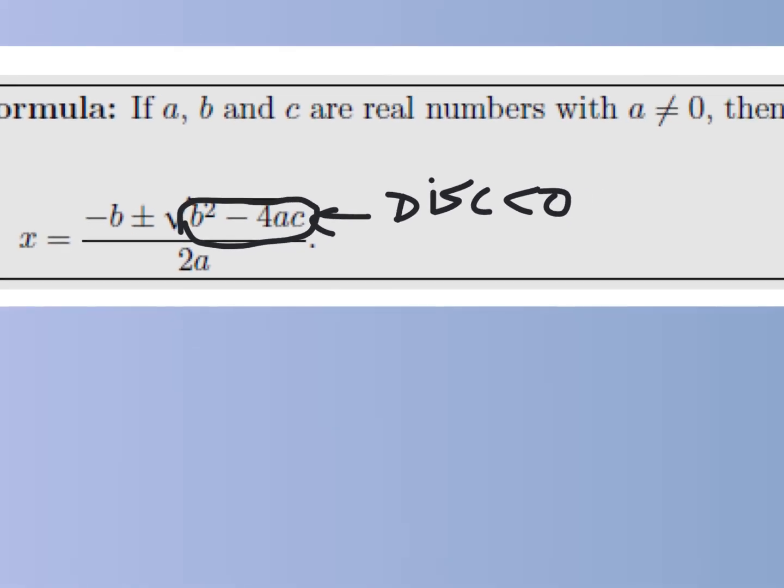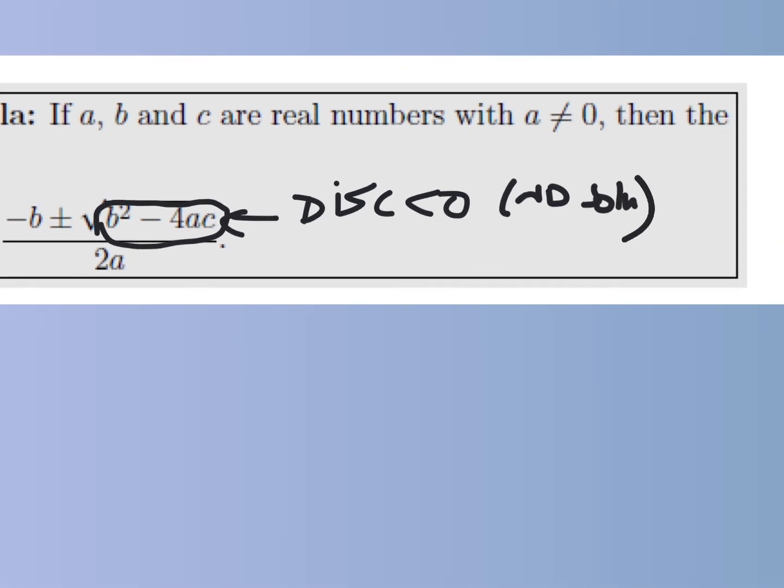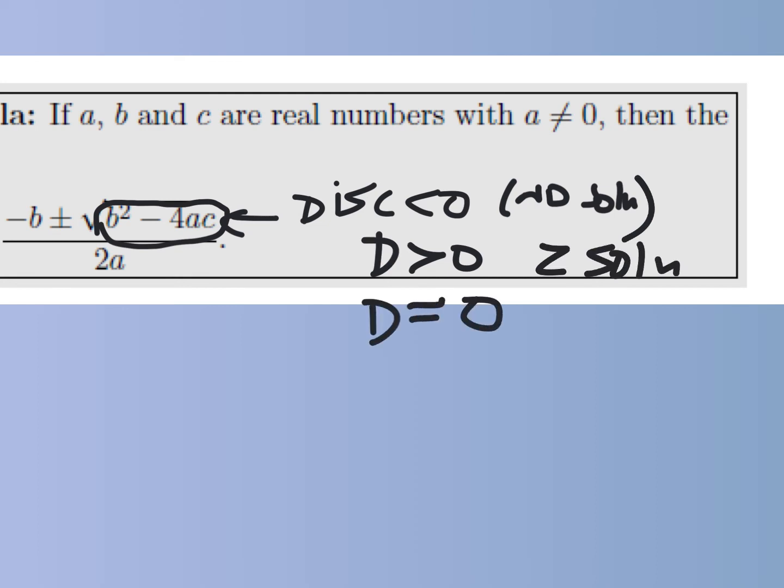Because if the discriminant is less than 0, there's no solution. If the discriminant, I call it D, is ever bigger than 0, you get 2 solutions. And if the discriminant is equal to 0, then this whole part drops out and you have the vertex, which obviously if it's a vertex, there's only one of them, one solution.